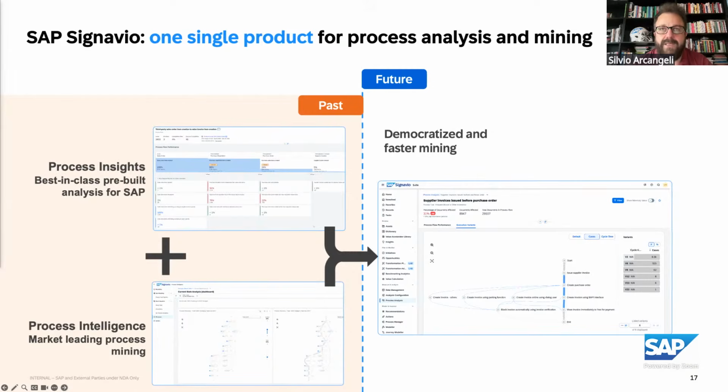We are going to unify SAP Signavio Process Insights and Process Intelligence. This is a question that I often got in the past 2-3 years around the difference and the distinction between these two products. One is our best-in-class pre-built analysis for SAP product. The other one is the market-leading product for process mining.